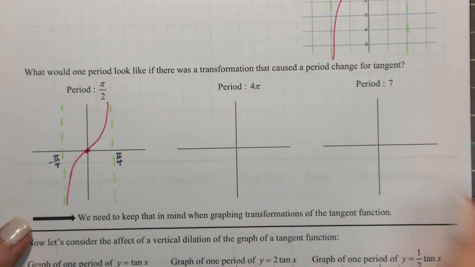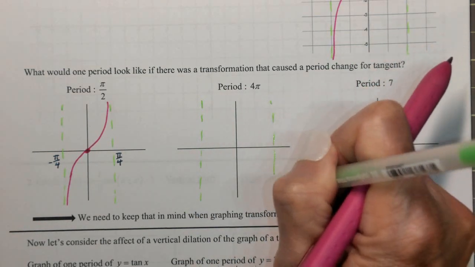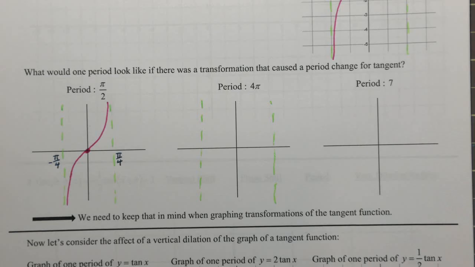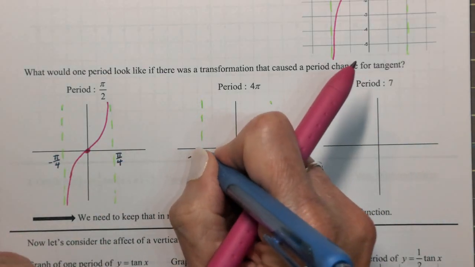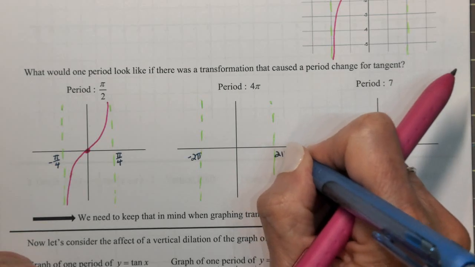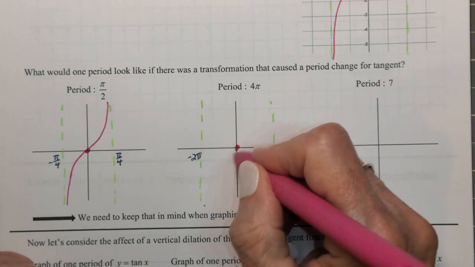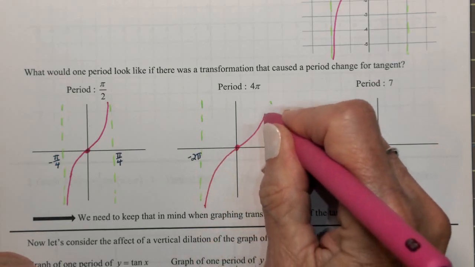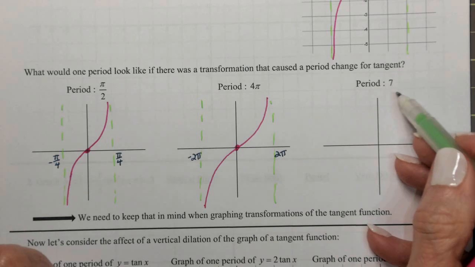What if the period was 4 pi? If the period is 4 pi, then this is going to have to be negative 2 pi, and this is going to have to be 2 pi. Okay? What if the period was 7?